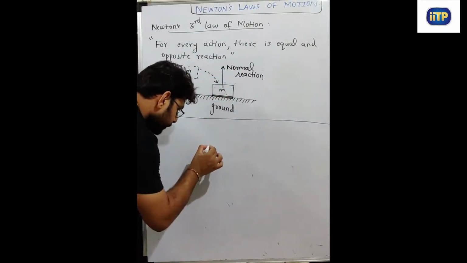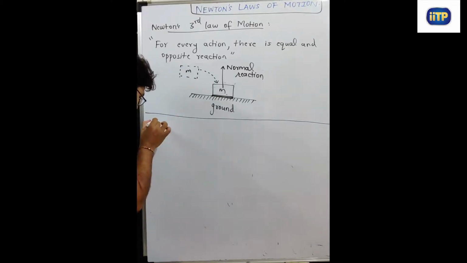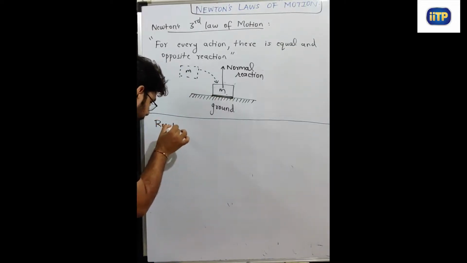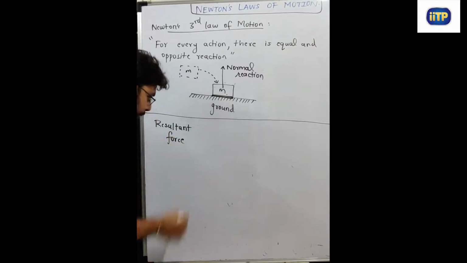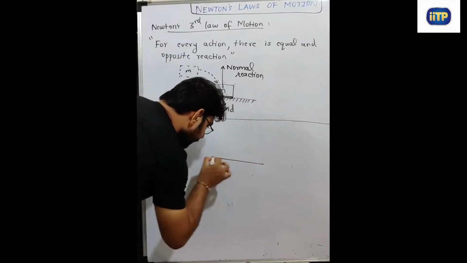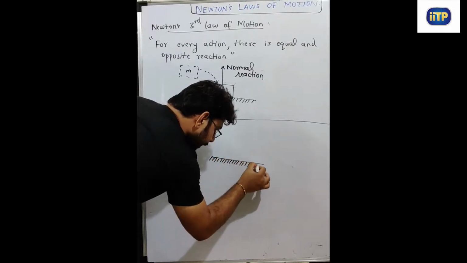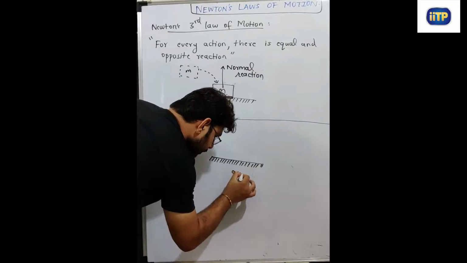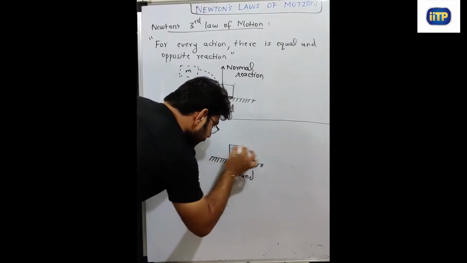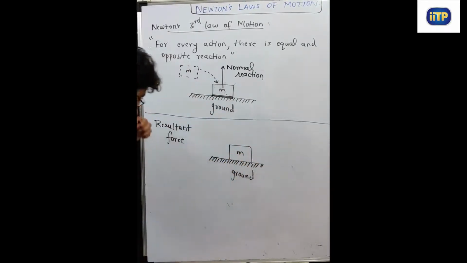Now suppose, before that let us understand resultant force. What is resultant force? I'll again take an example of the same, that is a ground and a block of mass m kept on it.